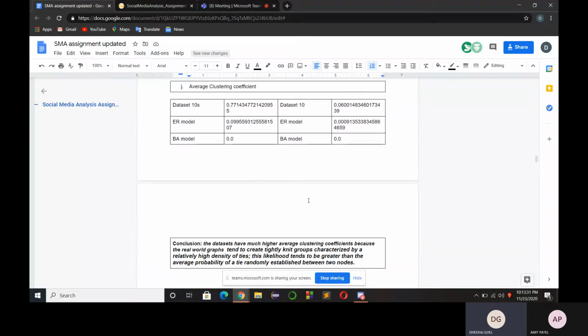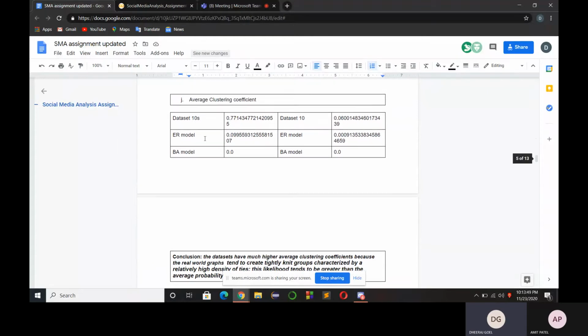So basically the graph is tightly bounded and very dense. That's why the average clustering coefficient is so high, 0.77, as compared to the other two models, which are very low. Moreover, the BA model has almost 0.0 average clustering coefficient, and the ER model has 0.09, which are much less as compared to the actual dataset.